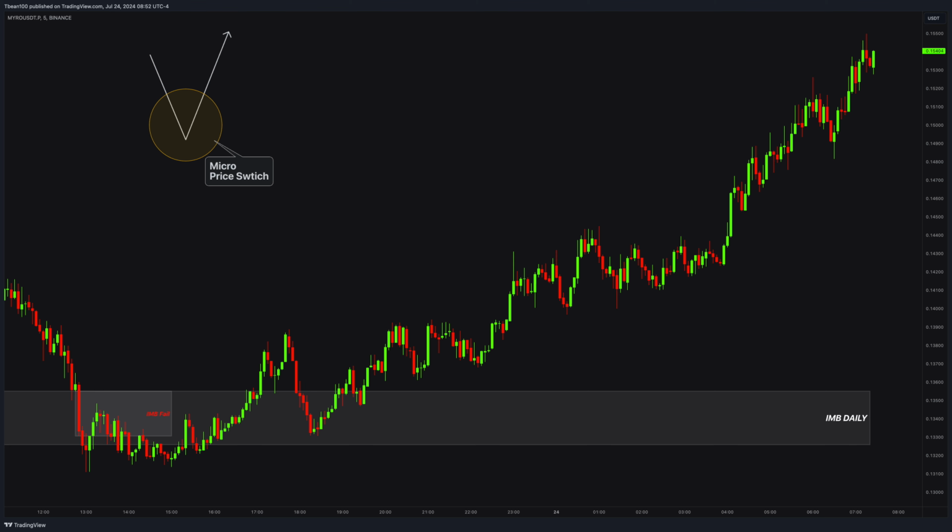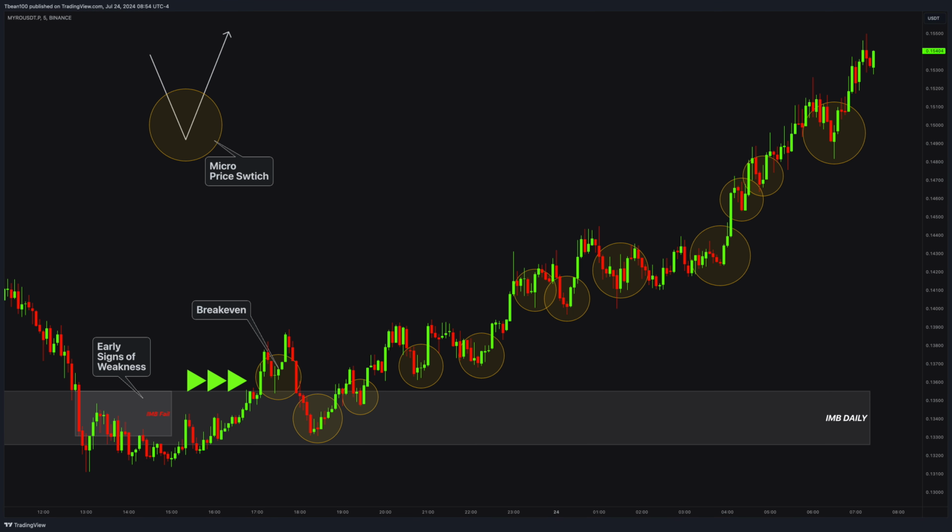After the price switch, the rally started with early signs. Then, let me draw every single price switch here, micro price switches, and let me observe them one by one. As you can see, there are more than 10 micro price switches here. So many of them. Let's talk about them one by one.